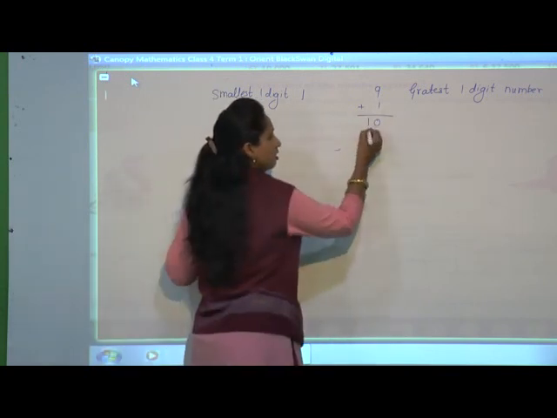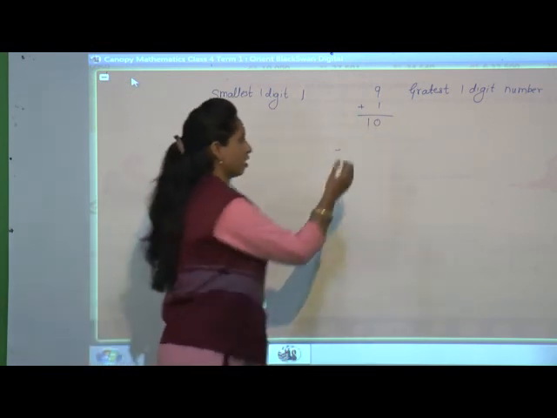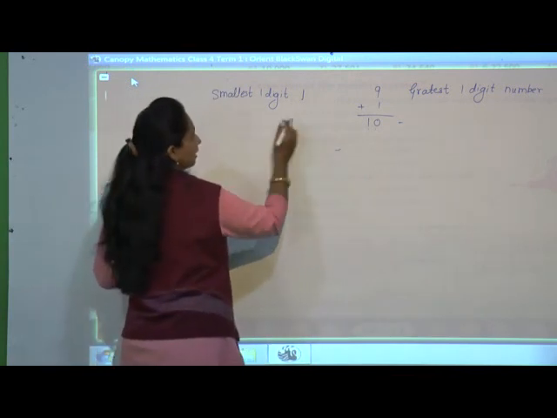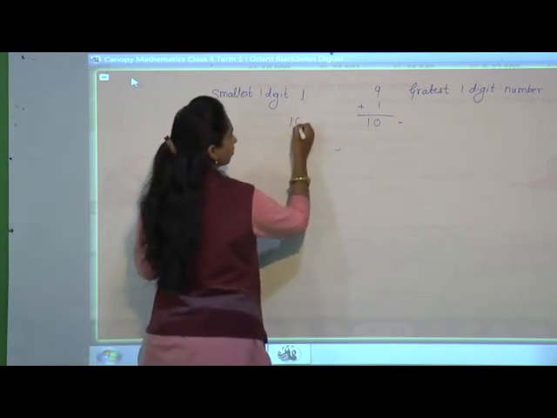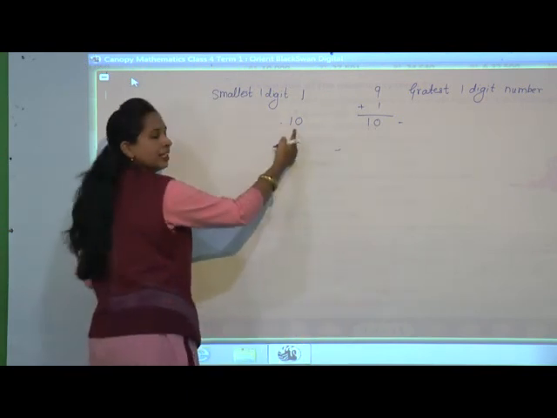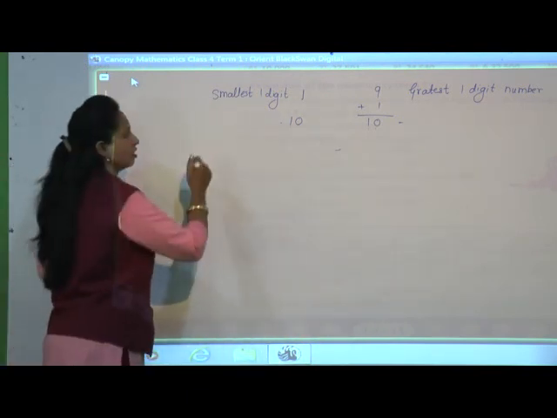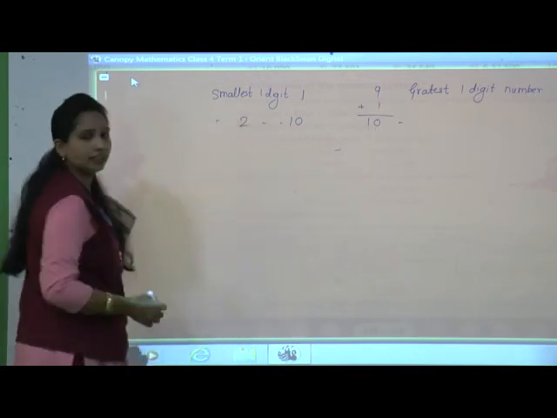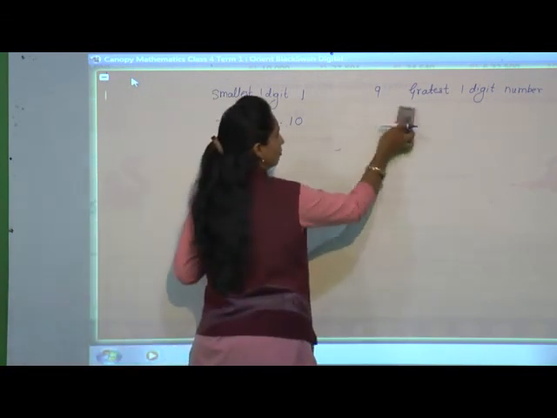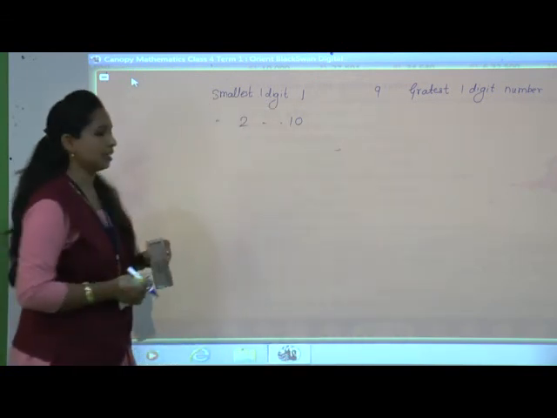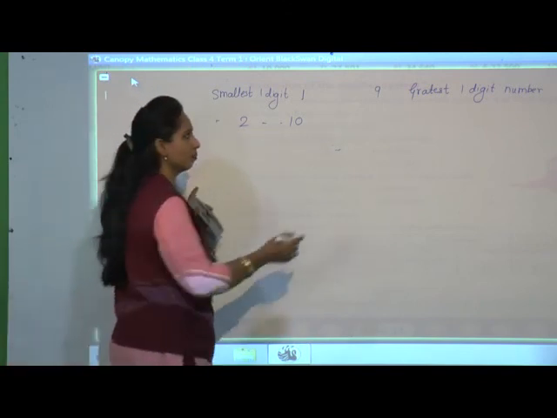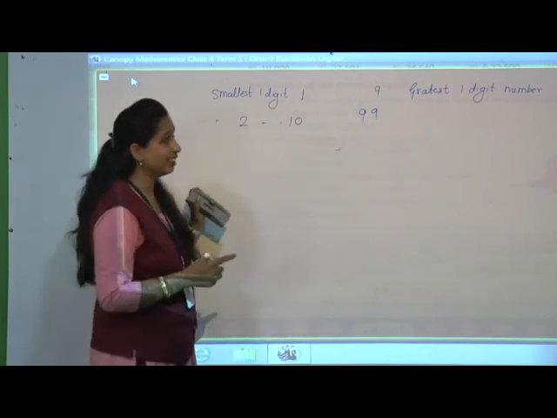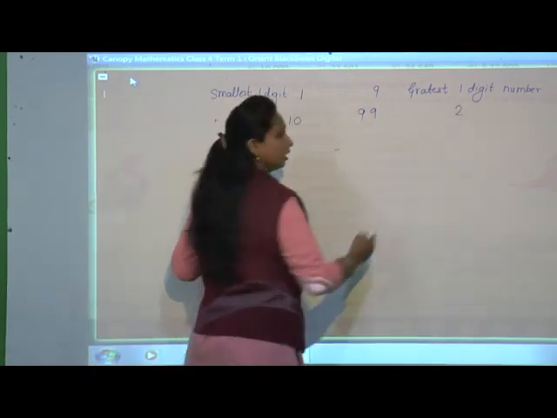Now, can you see how many digits are there? 2 digits. So, this is the smallest 2-digit number. Now, 10 is the smallest 2-digit number and 99 is the greatest 2-digit number.